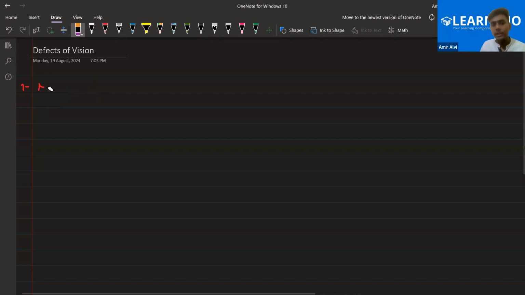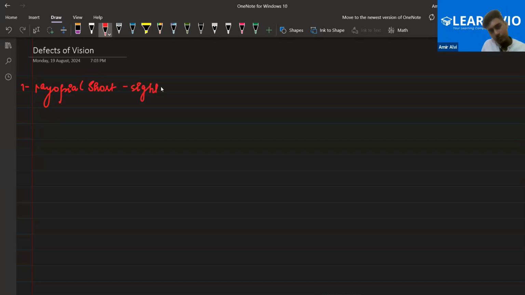It means that a person can see the near objects but cannot see the far objects.